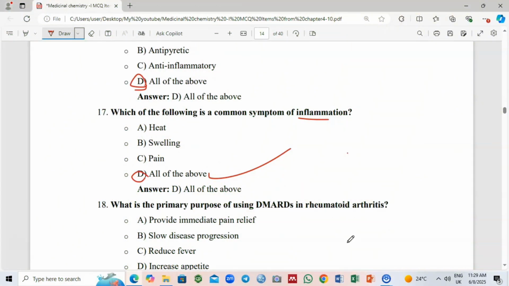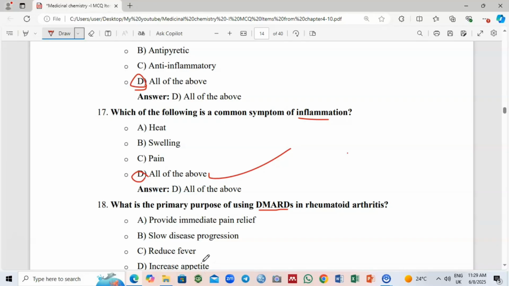Question number 18. The question says, what is the primary purpose of DMARDs in rheumatoid arthritis? A. Provide immediate pain relief. B. Slow disease progression. C. Reduce fever.